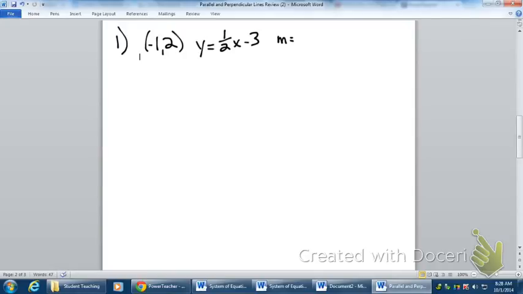What is our slope going to be for our new equation? It's going to be 1/2. Yeah, perfect. We know that it has to have the slope of 1/2 because if we're talking about parallel lines, they have to have the same slope. Have to. Okay. B would be negative 3. They're different numbers.